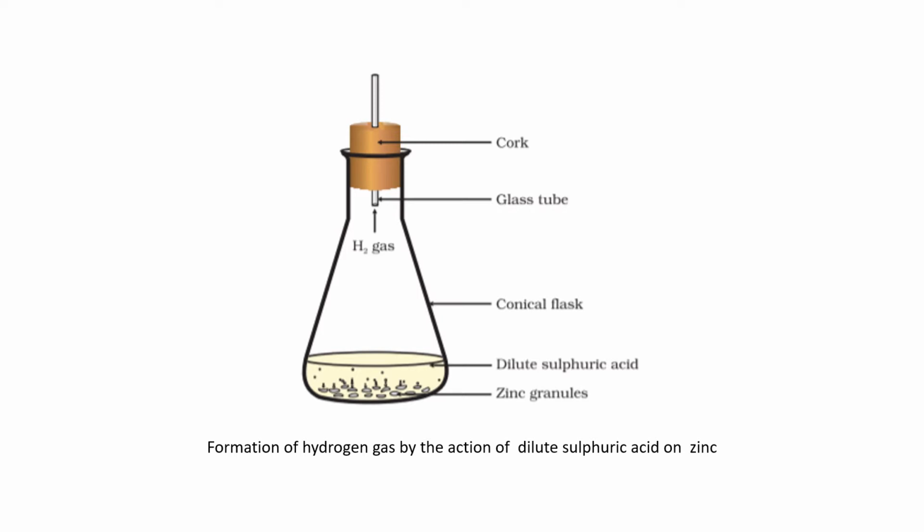Hydrogen gas is released. Since hydrogen gas is lighter, you can place an inverted test tube over here and collect the gas. Now let's see a video for the same experiment.